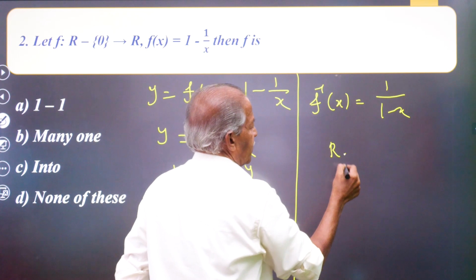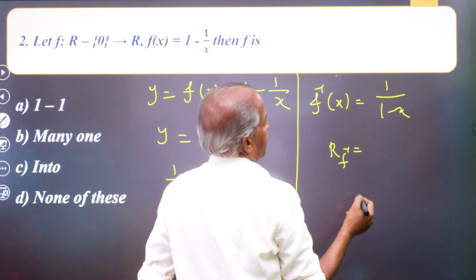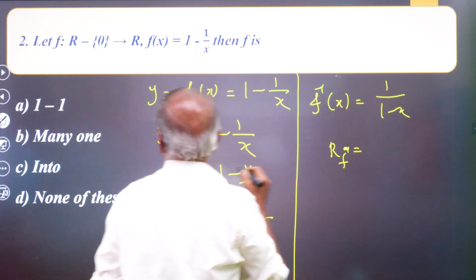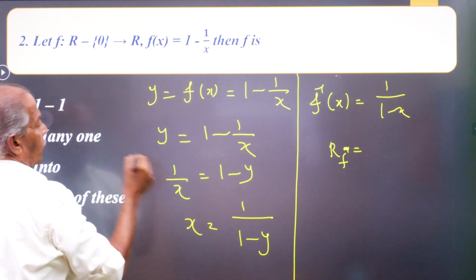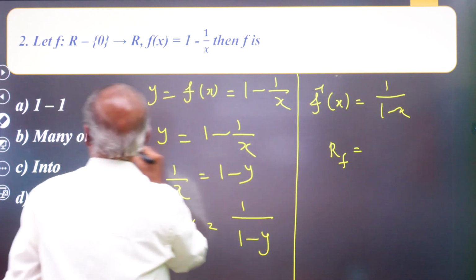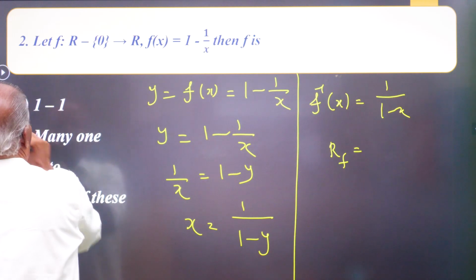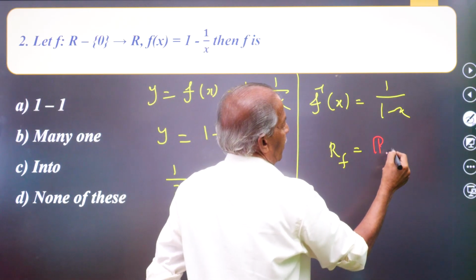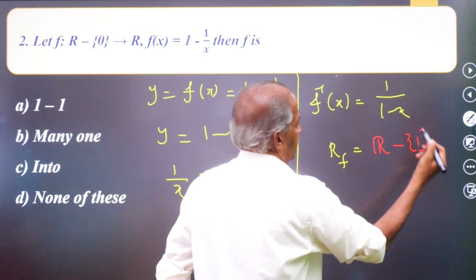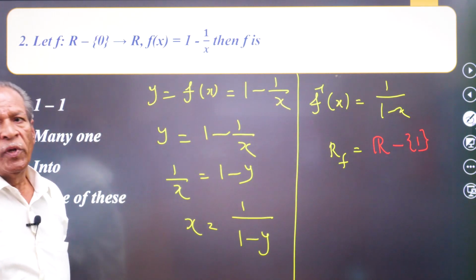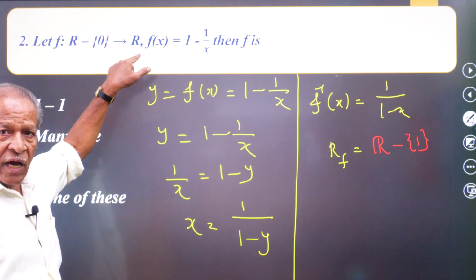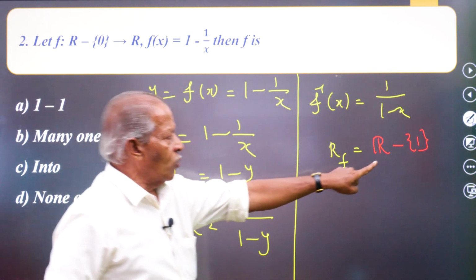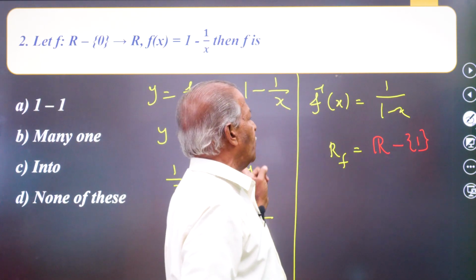The range of the function f inverse is equal to the set of all real numbers except 1. Therefore, 1 should be removed from here, but it is available. What is the image for 1? Let us check. 1 should not have the pre-image.